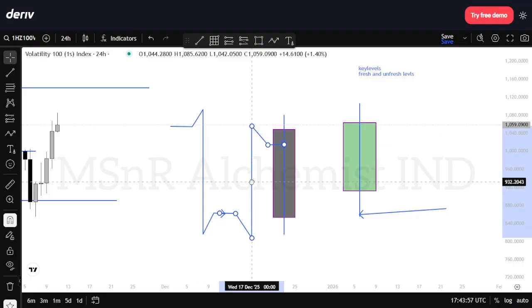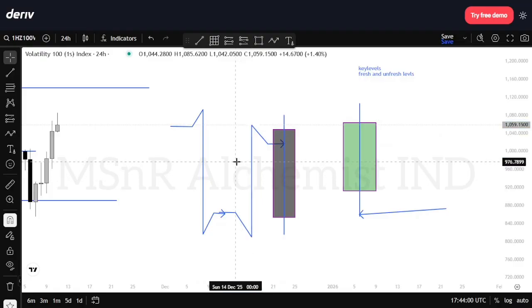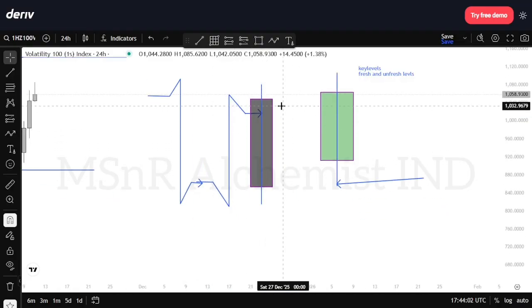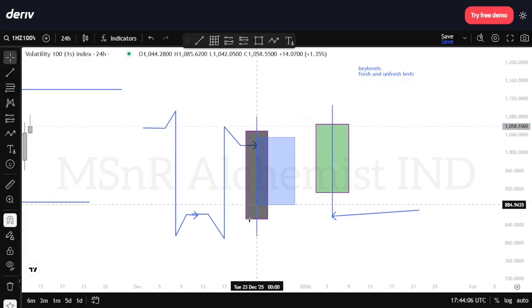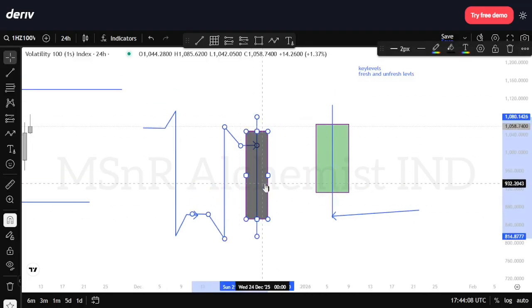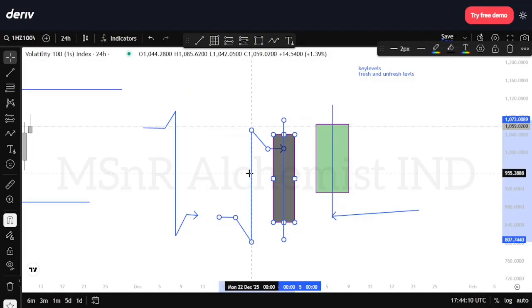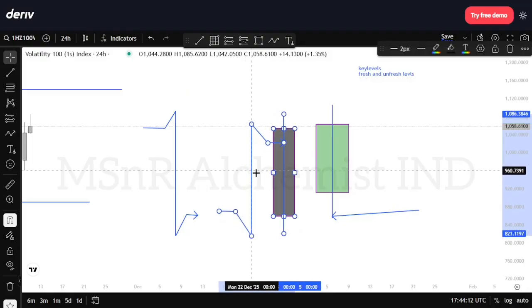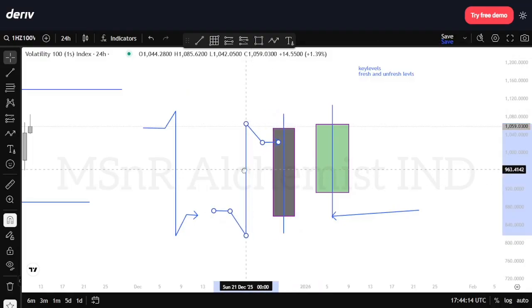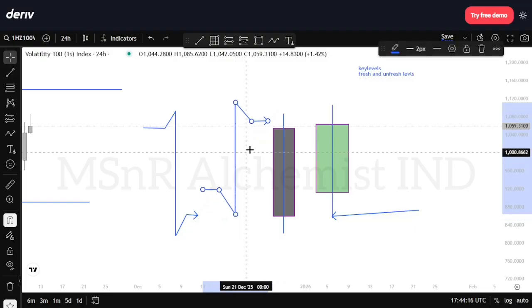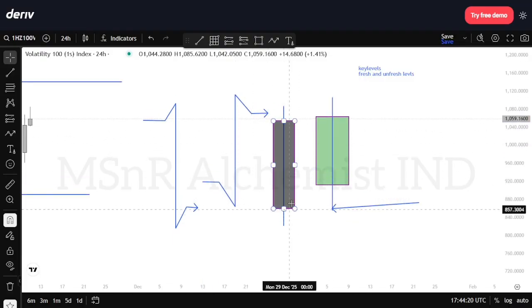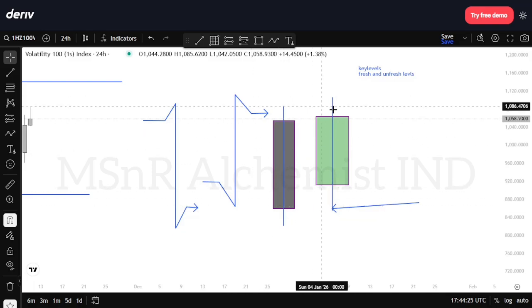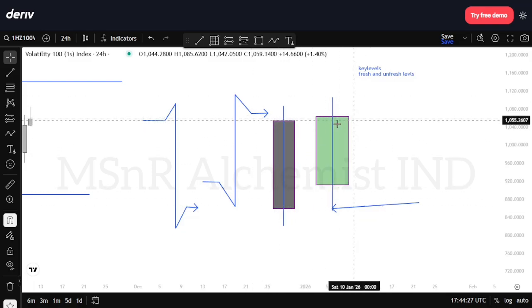So this will be the formation of opening, high, low, close. In the selling case you always mark the low, and in the bullish case you mark the high.